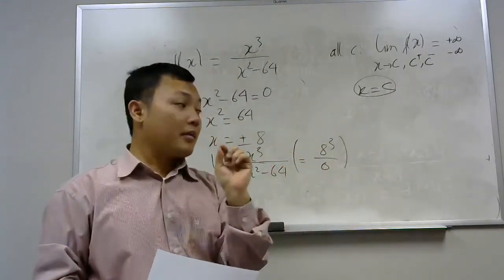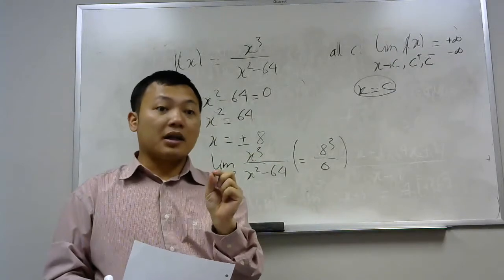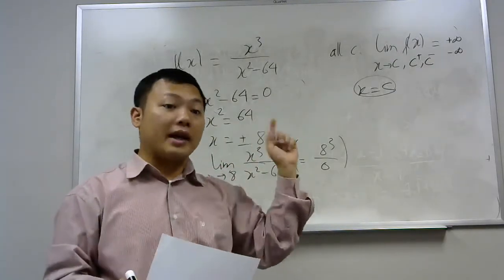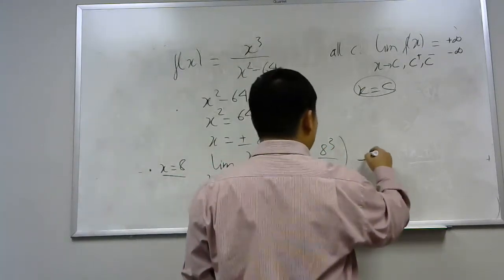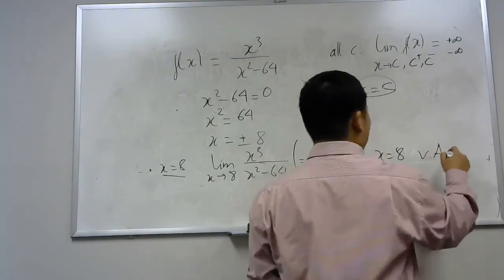The limit at 8 may not exist, but one-sided limit should exist and equal to infinity or negative infinity. Okay, so from here you can write right away x equal to a is a vertical asymptote.